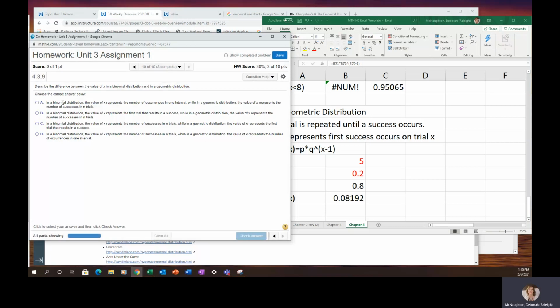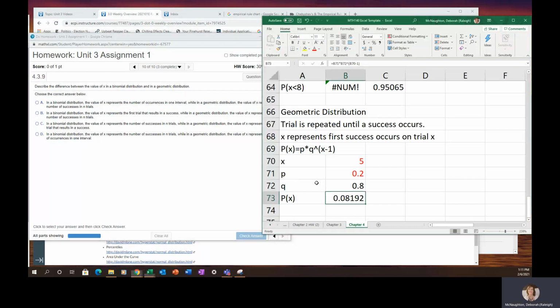Okay, and then our last question, describe the difference between the value of a binomial distribution and a geometric distribution. So remember what the definitions are, and you can answer that one. So it didn't have us do any X greater than some number. So I'm guessing on a quiz, this is all it's going to give you as well.